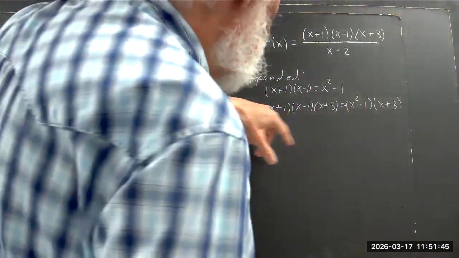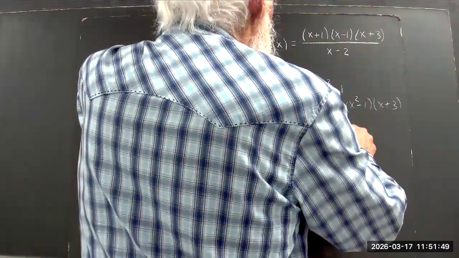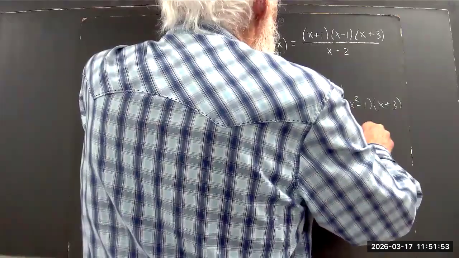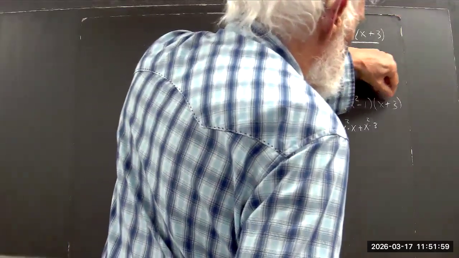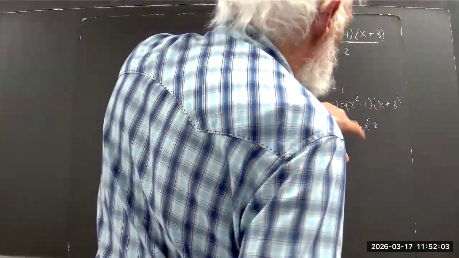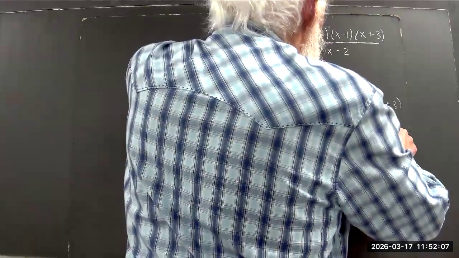Now, by the distributive law, this equals x squared times x plus x squared times 3. In other words, x squared minus 1 times x plus 3 could be written x squared times x plus 3, and then minus 1 times x plus 3.